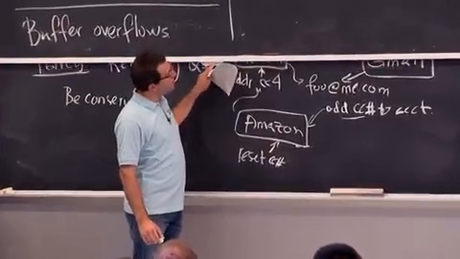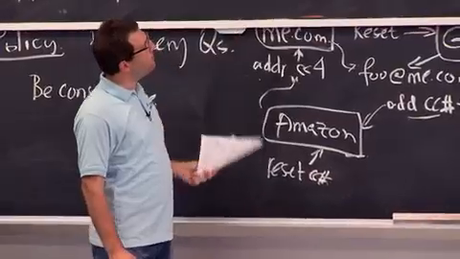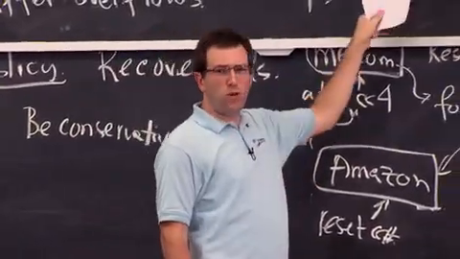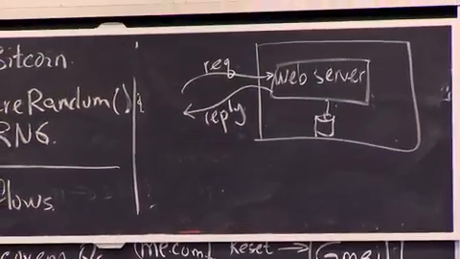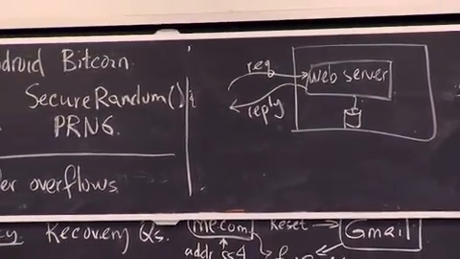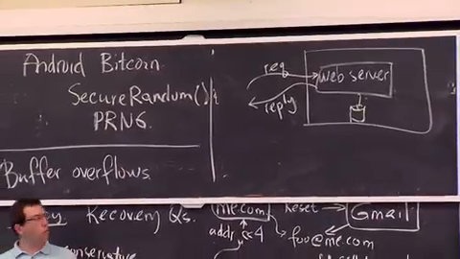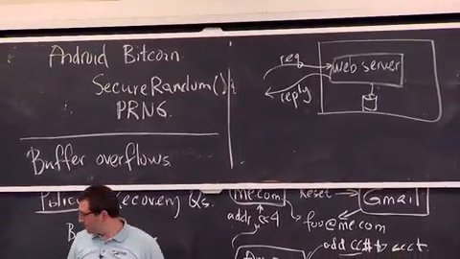And for this example, we'll look at a small piece of code that's not quite a real web server. In the lab, you'll have this whole picture to play with. But for lecture, I just want to give you a simplified example so we can talk about what's at the core of what's going wrong.